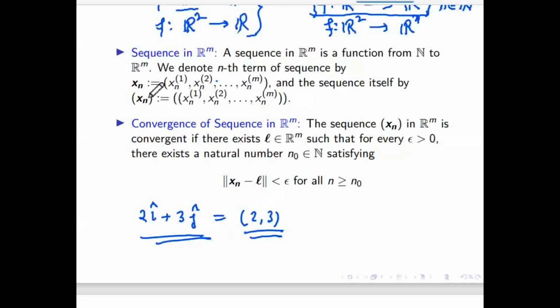So xn is a vector with m components, and its limit also has m components. If the norm of xn minus L is less than epsilon for all n bigger than n0, where we have to find this n0, then we say the sequence is convergent. But this definition is actually not required to work here.